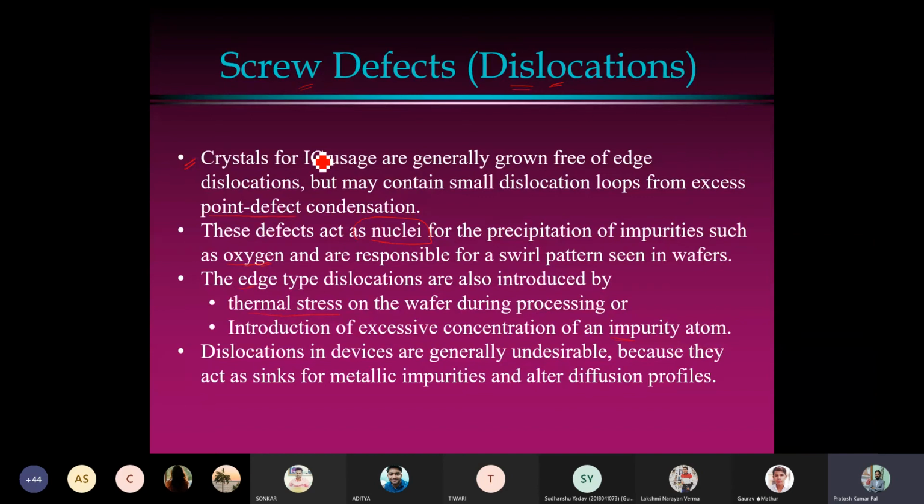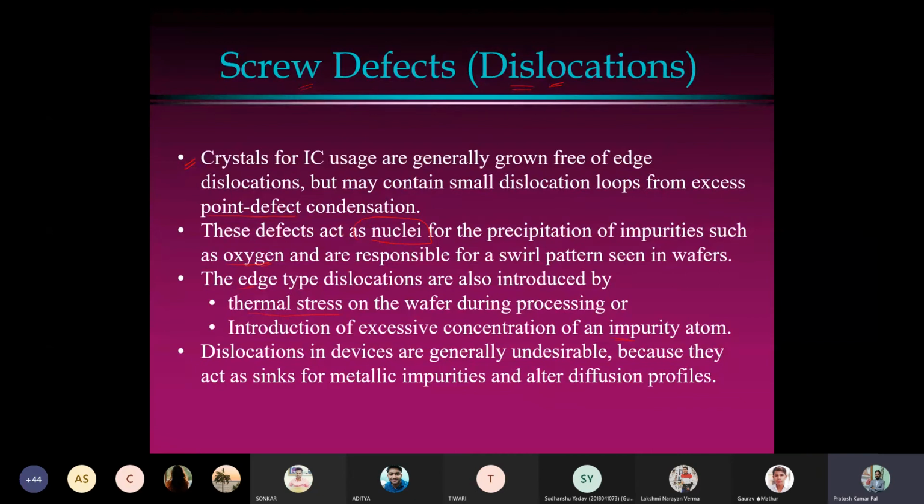If dislocations are there, some extra impurities can be placed at those dislocations. So these dislocations can change the properties of the crystal that we are using for IC fabrication. They should be removed or avoided while going through different processing steps. We have just seen different processing steps, so these dislocations should be avoided.